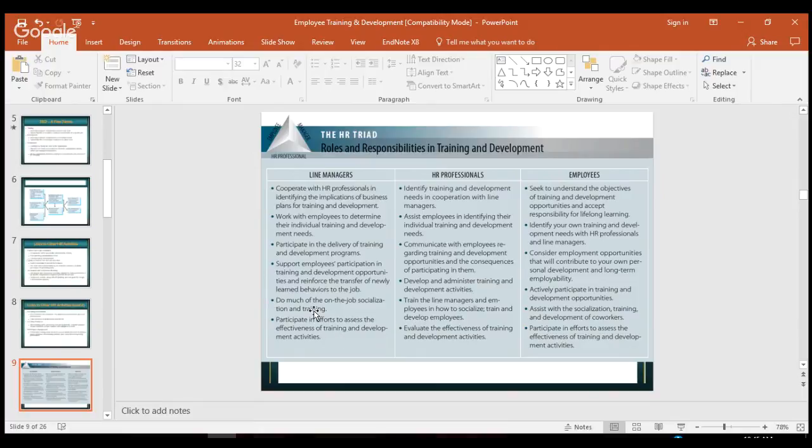Do much of the on-the-job socialization and training, and then participate in efforts to assess the effectiveness of training development activities. So are we seeing a change in attitude? Are we seeing a change in behavior? And ultimately, is that employee's performance improving in some part due to the training that he or she is receiving?